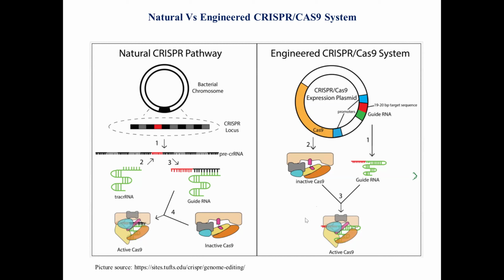So people have now adopted Cas9 mRNA, and one can also use the protein. For example, you can express Cas9 in bacteria, purify the Cas9 protein, and using in vitro transcription, you can make the guide RNA outside. That guide RNA and the Cas9 protein can be combined, and this ribonucleoprotein can be delivered inside.